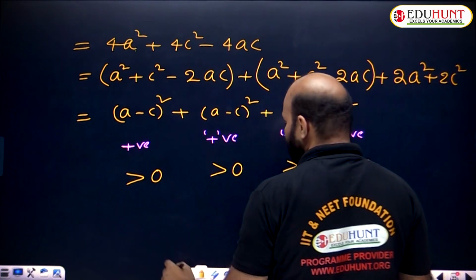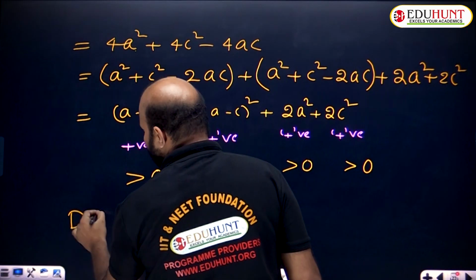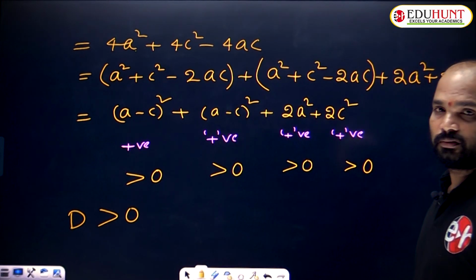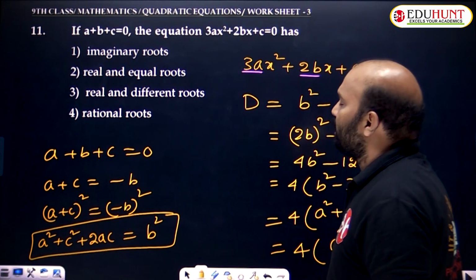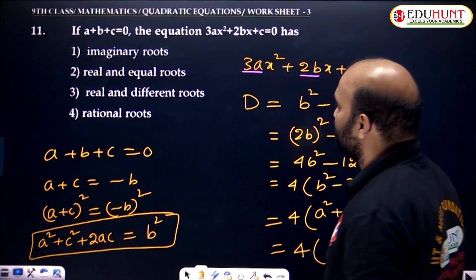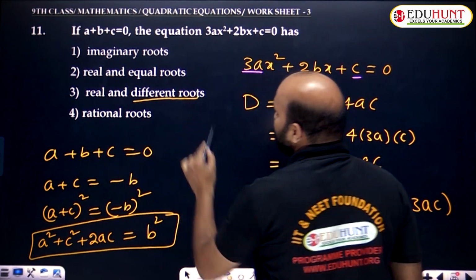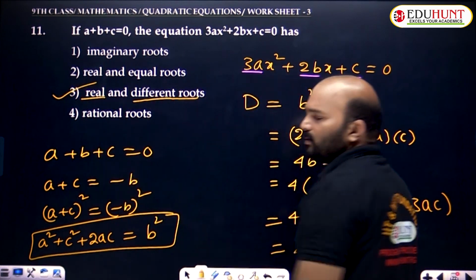So finally, this is the discriminant value, D. D is greater than 0. What I am getting finally is that the discriminant value is greater than 0, so the roots are real and unequal. Different roots means unequal, distinct roots, and real. So which option is the right answer? The third option.